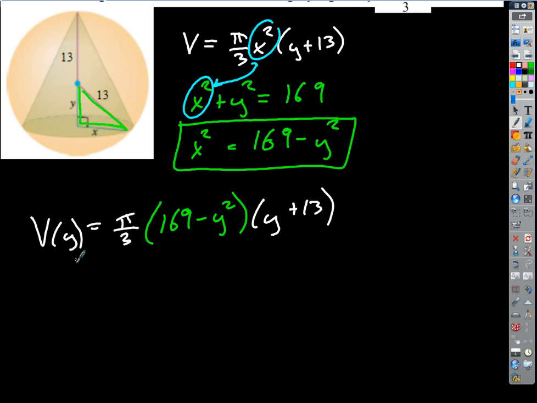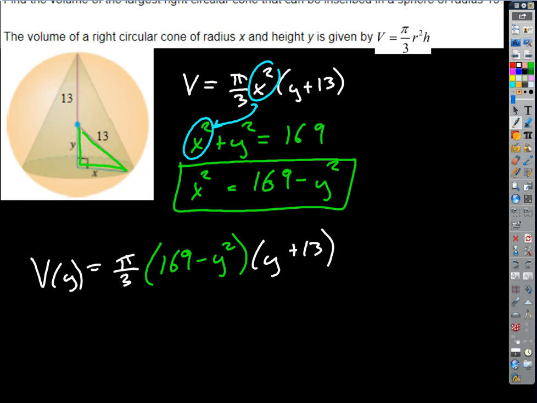We just need our domain. So what's the smallest that y would reasonably be in this? Zero. If we're trying to maximize the volume of that interior cone, how dumb would it be for us to say, okay, we're going to have the cone go from there to there?